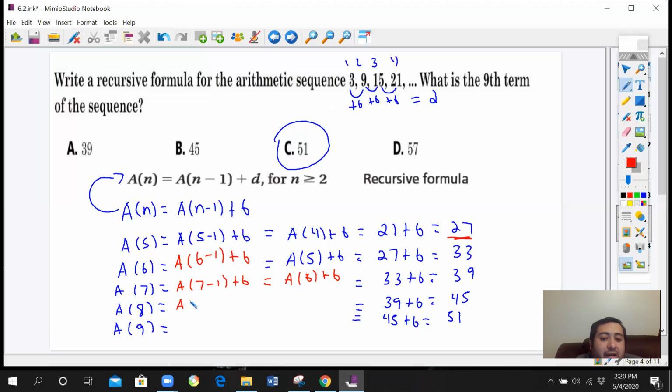And here you have an 8 minus 1 plus 6. This a becomes 7, close parentheses, plus 6. Then you have 9 minus 1 plus 6. And that becomes 8, the term 8, and then add a 6.